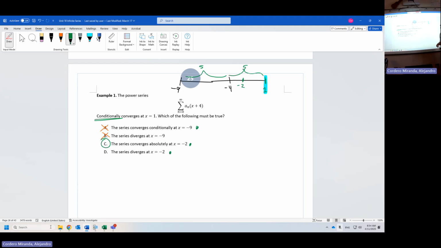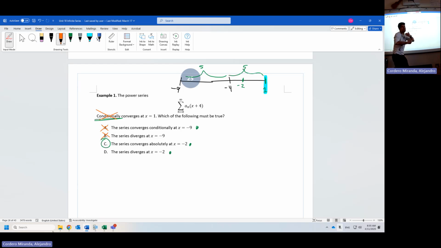But they might even ask this without the conditionally part, and you still get kind of the same question. Even if this was the same exact question without the conditionally part, it just says converges at x equals 1, then you can still do the same process. I know that if I go 5 in this direction, I'll converge. But does that mean I can go 5 in this direction and converge?